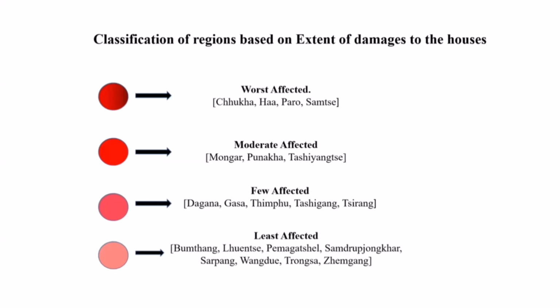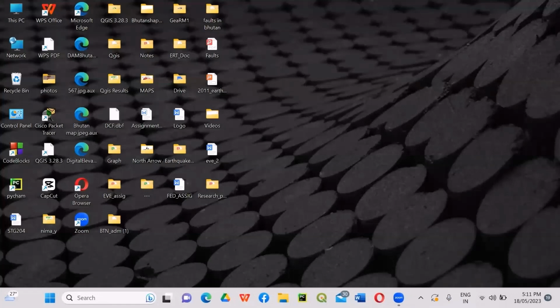So based upon these 4 different classifications, I want to plot these regions on a map using QGIS. So let me classify the region based upon the extent of damages by using QGIS. Let me open my QGIS.